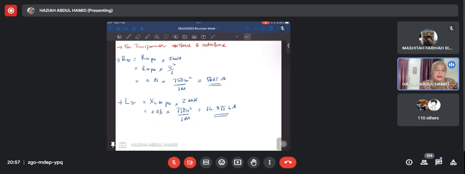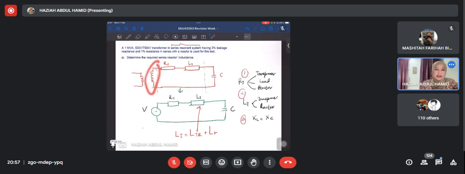Okay, V squared over S, saya ambil 750 sebab dekat you yang kena tahu this one dah refer to secondary. Secondary is now the feed the resonance circuit. Okay, kat sini please remember this one, transformer 500 volt to 750 kV.